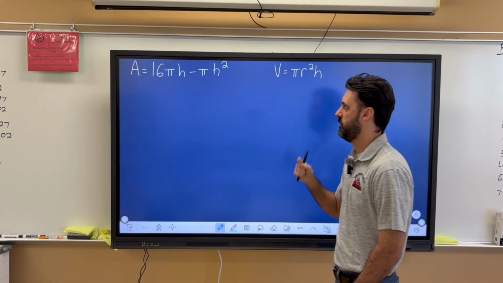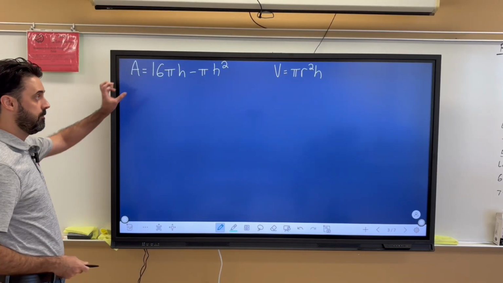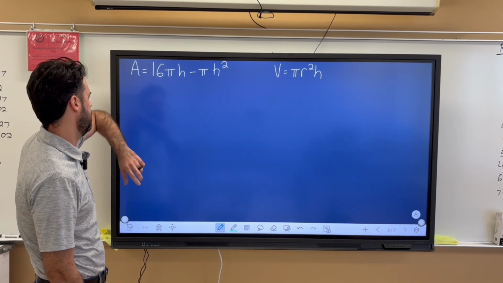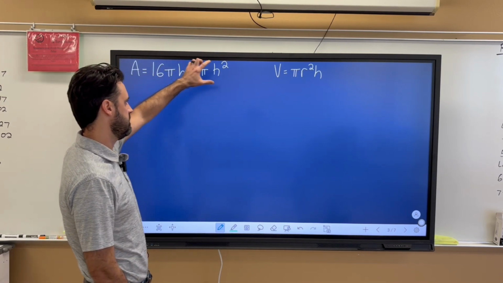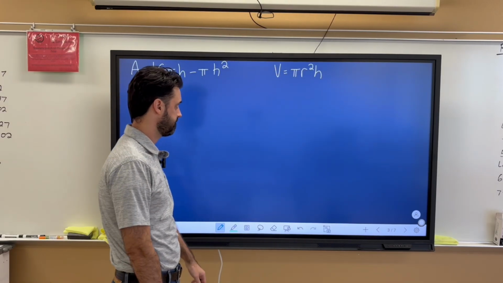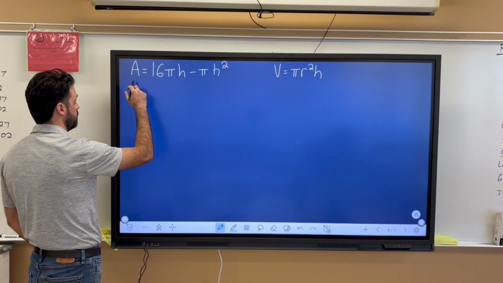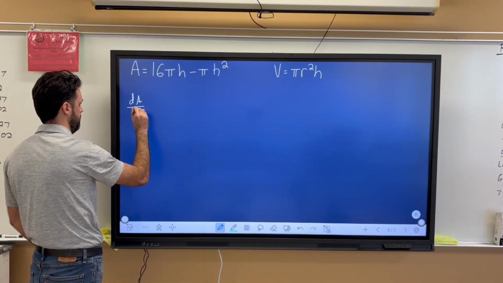So let's say a couple of equations, and we're going to take the derivative of both of these here. So we've got one that's an area formula. I think that's for a hemisphere, the surface area of a hemisphere, and this is the volume of a cylinder. All right, so taking a derivative of this, the derivative of A, we're going to refer to as dA dt.